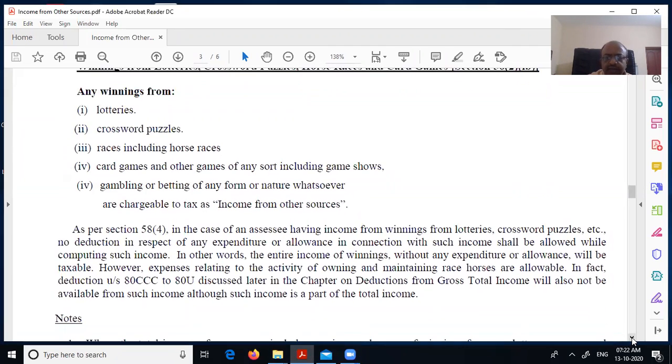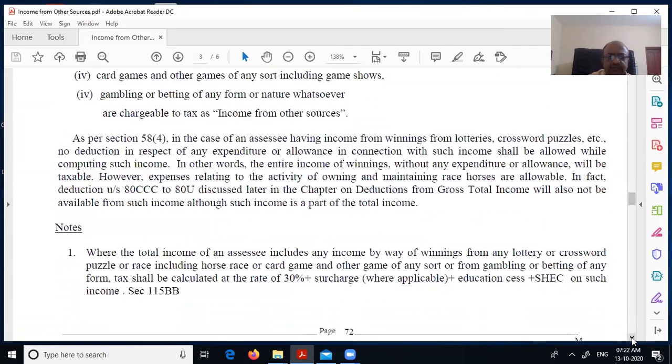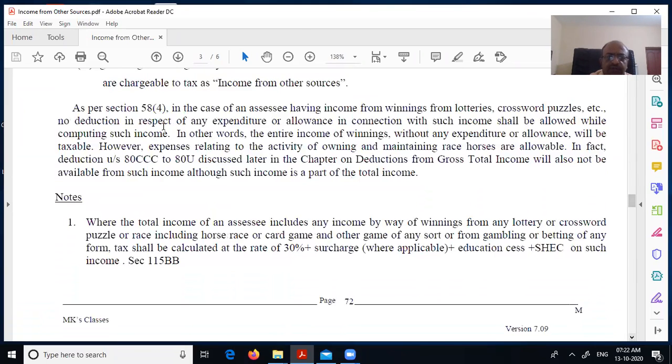And it is fully taxed. There is no deduction available under these. No deduction in respect of any expenditure or allowance in connection with such income shall be allowed. Entire income of winnings without any expenditure allowance will be taxable.